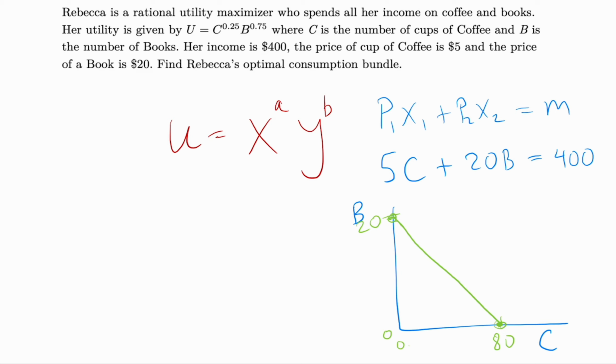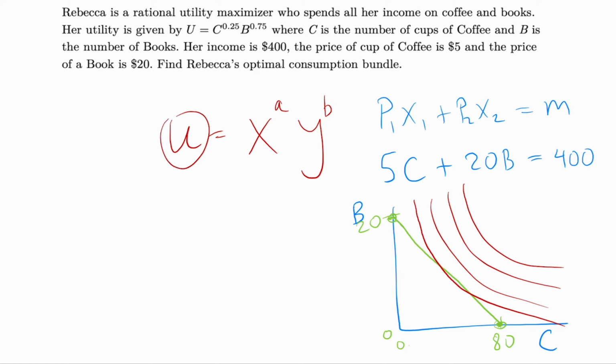So in general, for the utility function, you can watch the previous videos to look at what an indifference curve is, but any utility function is going to have indifference curves. You could then think about that as, if I were to set the utility to a specific value, then now there's only 2 unknowns in this equation. It's only x and y, or again, in this case, c and b are the only unknowns.